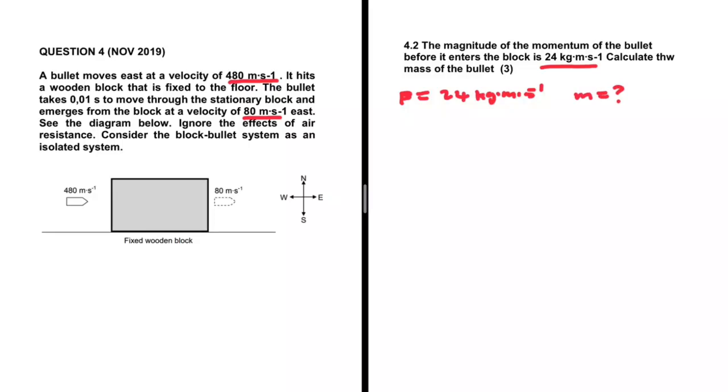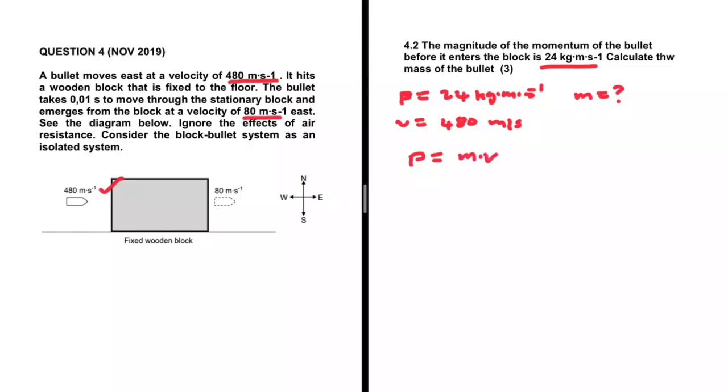This momentum is for the bullet before it enters the block. And we know that before it enters the block, it is moving with a velocity of 480 meters per second. So we have V being equals to 480 meters per second. So obviously with these three variables, we're going to use P is equals to M multiplied by V.